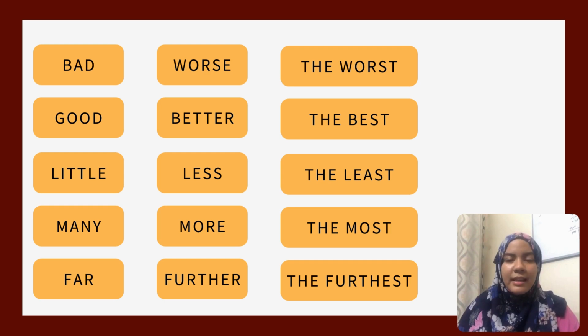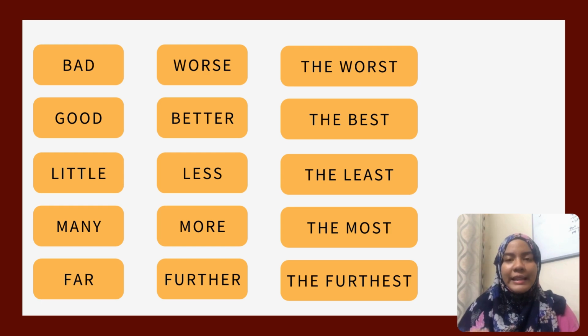Last but not least, we also have the adjective far. The comparative form for far is further and the superlative form for far is the furthest. However, we also can use farther and the farthest.